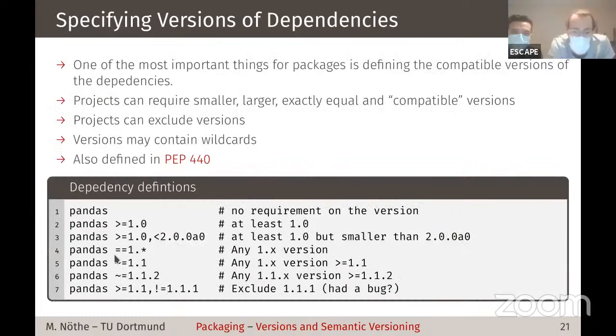So yeah, exactly. Exactly equals 1.1, and this operator 5 here. And 6. Yes. So 2 and 5 basically. Yes. So 2 and 5. So this one only allows versions that start with a 1, and this would also allow 2 or 3 or any newer version.